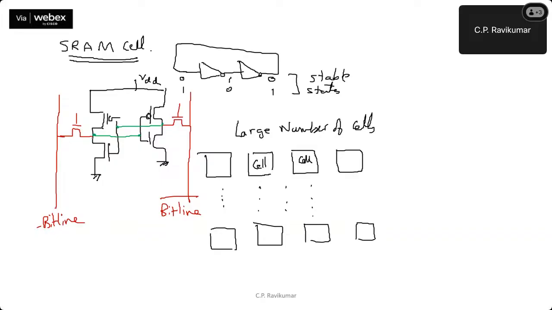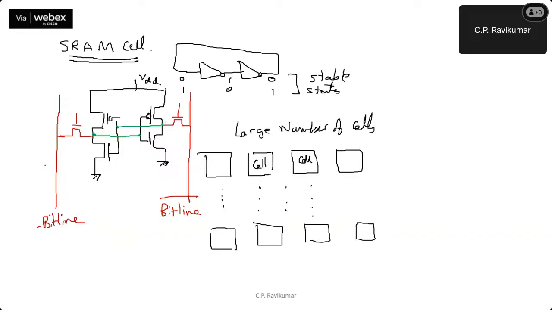So if you wish to write, let us say, a 1 in this cell, that means this particular output has to be 1, right? So you can make this line 0 and this line 1, right? So that would make this inverter go to the logic 1 state, and this state will be reached.